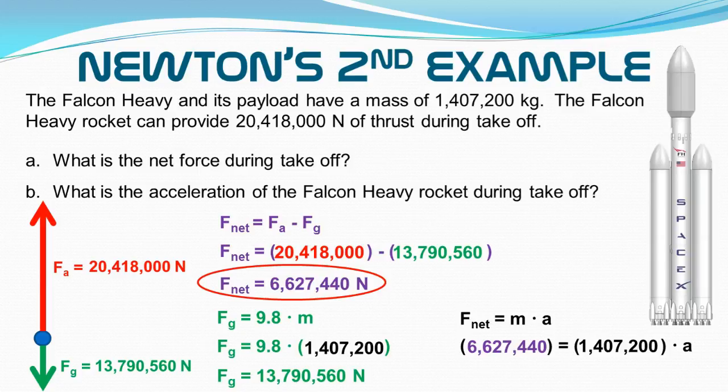I'm multiplying by 1,407,200, so I'm going to divide by that value on both sides. My acceleration is 4.71 meters per second squared, which, if we think back to our understanding of acceleration, is a reasonable answer. The rocket's moving up in a positive direction, and it's changing velocity in a positive direction. It's increasing its velocity.